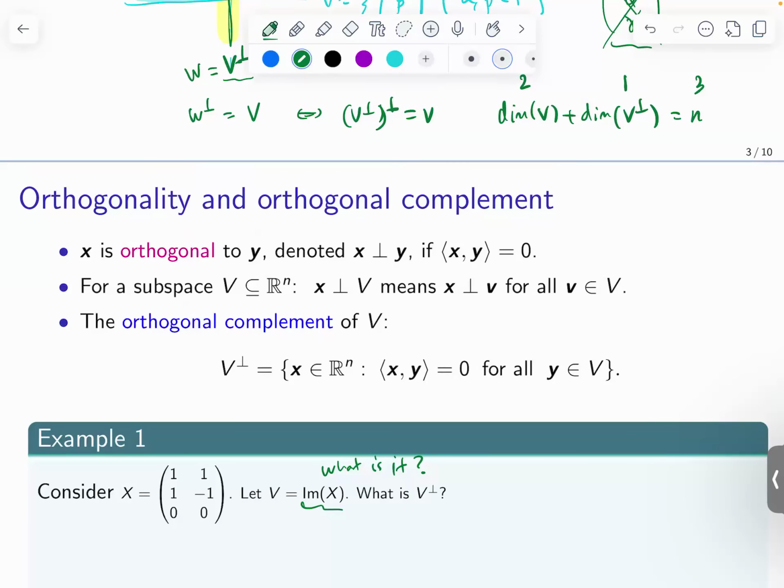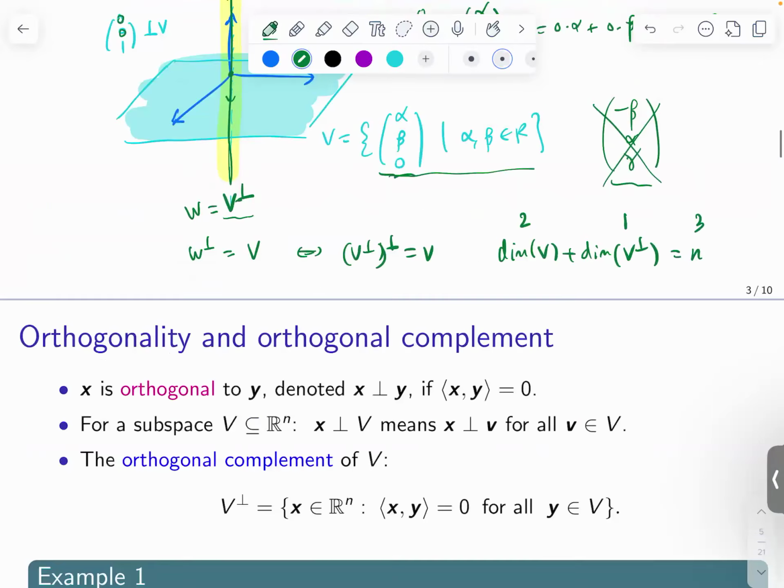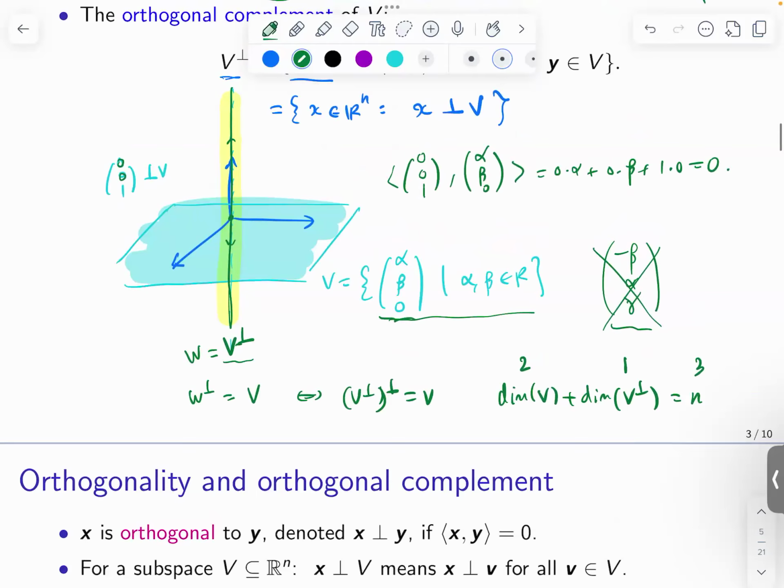So V perp is going to be exactly the same thing, the Z-axis. It doesn't matter which basis you pick. Once you specify a basis, you define V, and then V perp is defined based on V itself. When I say X, Y, Z, it's just for reference.